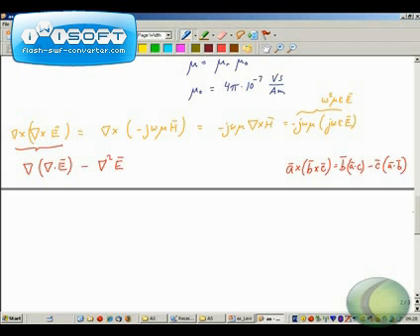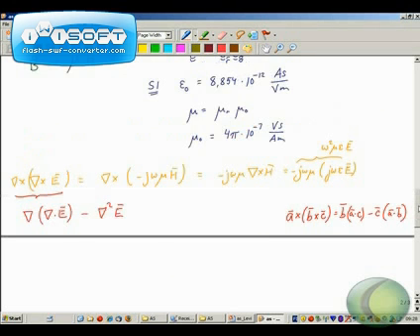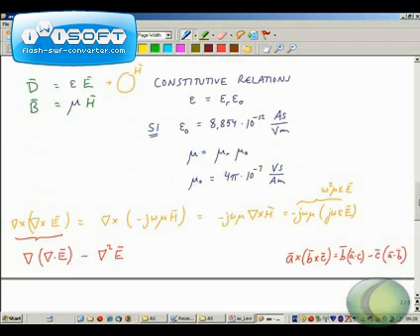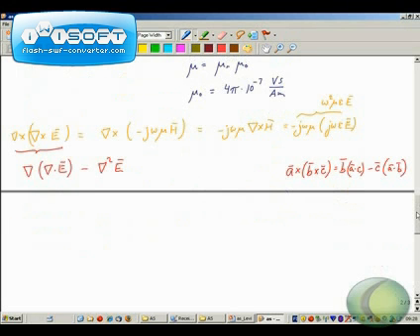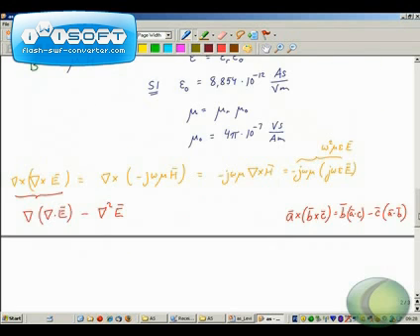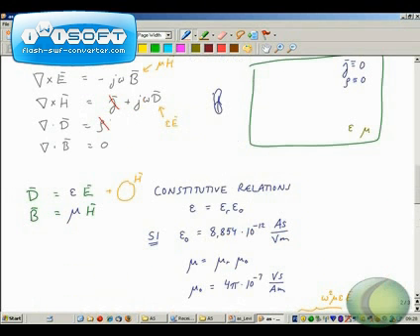But the fact is now that we have here the divergence of E. And earlier we had, if I go here, that it is 0, which means that del dot epsilon E is 0. And since epsilon is constant in space, this means that epsilon times divergence of E is 0.